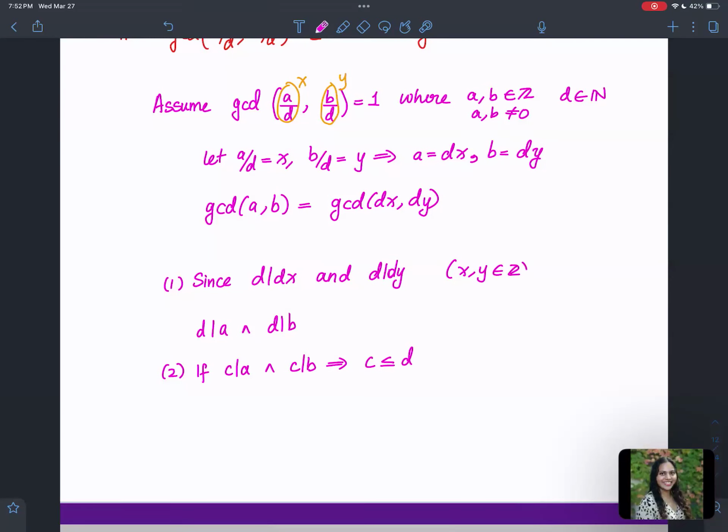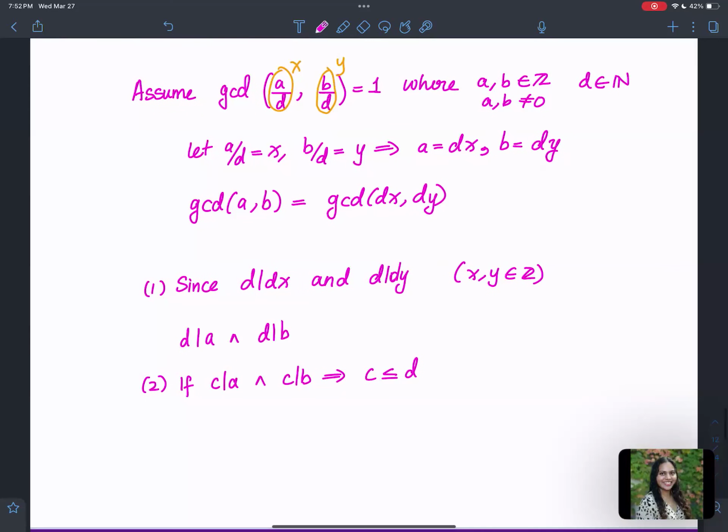We're working with integers here, because A and B have D in common, D is a factor of A and B, so they are all integers here. This means D divides A and D divides B. That's it, you're done. The first part is pretty much straight from there.